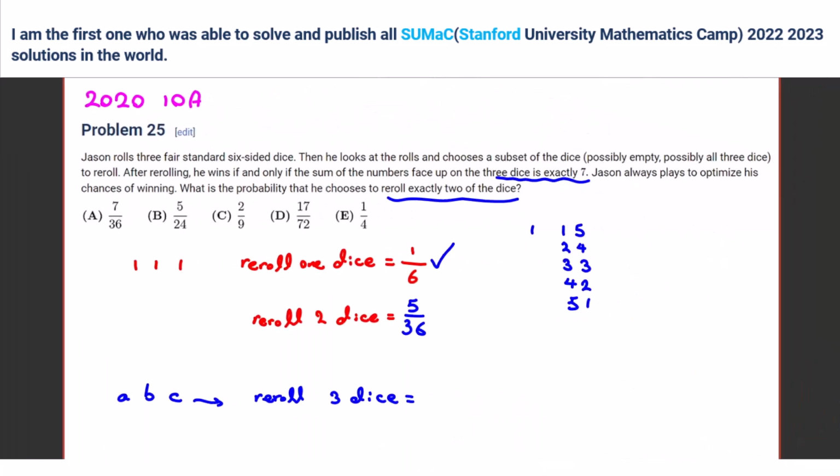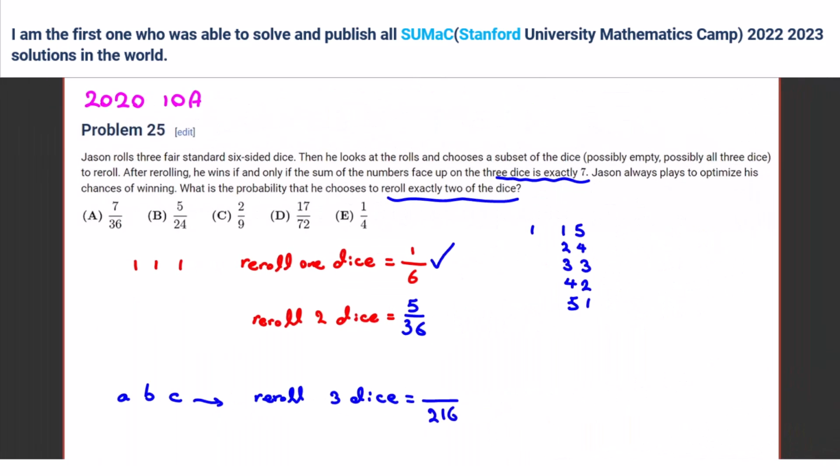I want to check: if we reroll all of them, what's the probability that A plus B plus C is 7? So 1, 1, 5; 1, 2, 4; 1, 3, 3; 1, 4, 2; 1, 5, 1. We try to count all the cases, divided by 216. You should check all of them and calculate.